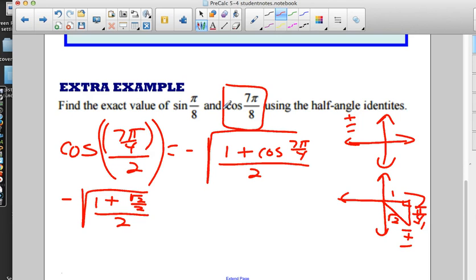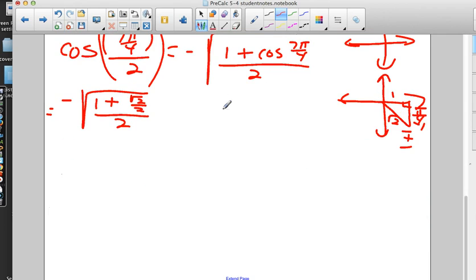So now, what do we do with that? Well, we make it look a little nicer. What we had to do here is figure out, can I get this stuff together? Can I make this look nicer? And we're dividing by 2. We might want to go ahead and say, let's make this one fraction, and then we have that 1/2 to deal with later. So 1 would be 2 over 2, so that'll be 2 plus the square root of 2 over 2.